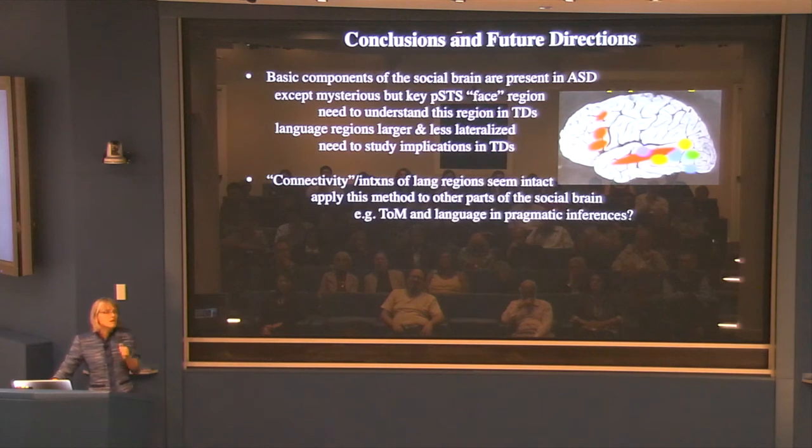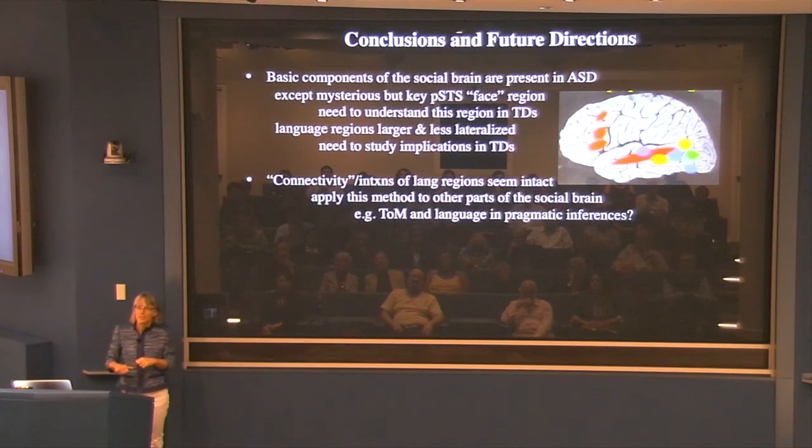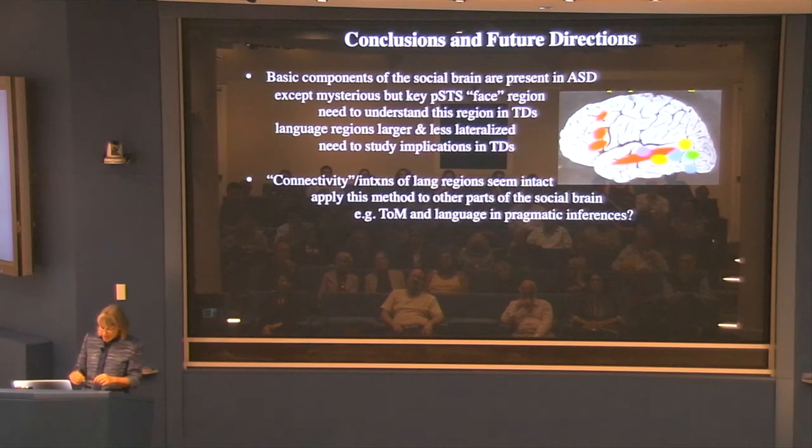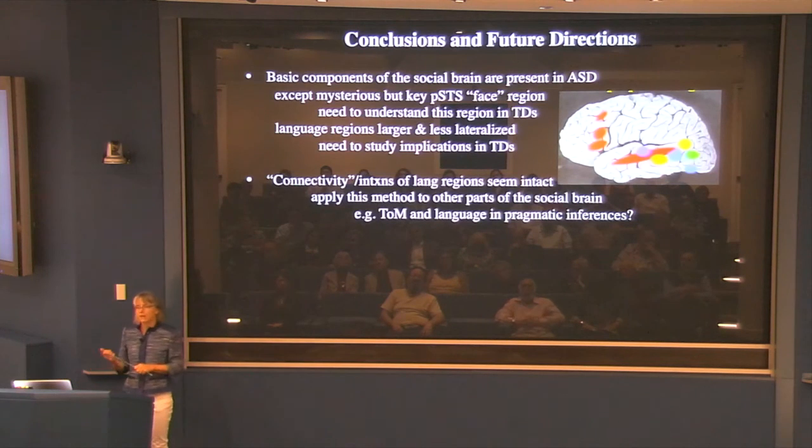And one topic that Rebecca and Ev and others and I are particularly interested in is looking at pragmatic functions. These are really more what the deficits are in language processing and autism. They're not basic syntax or semantics. They're things like understanding non-literal meanings, right? Like, did you go jogging? It's raining, right?